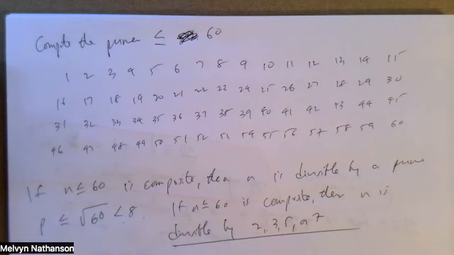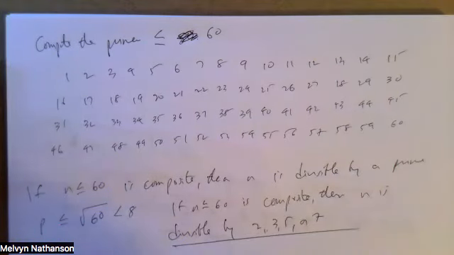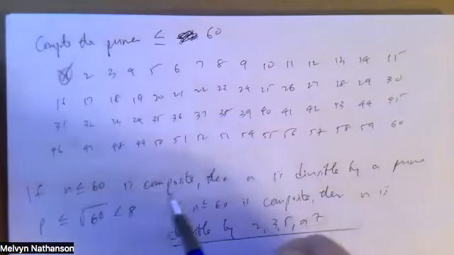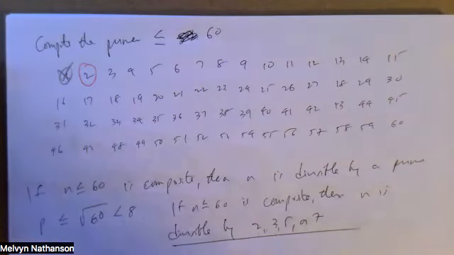So let's look at our list of numbers from 1 to 60. I want to find the primes. 1 is not a prime, so I cross it out. 2 is a prime, but every multiple of 2 is composite.